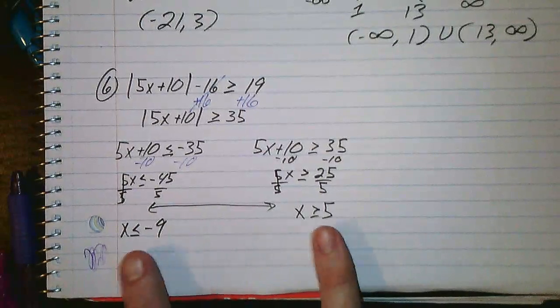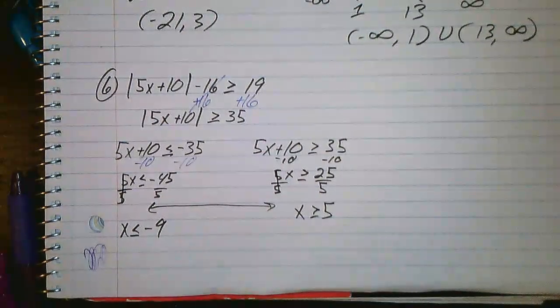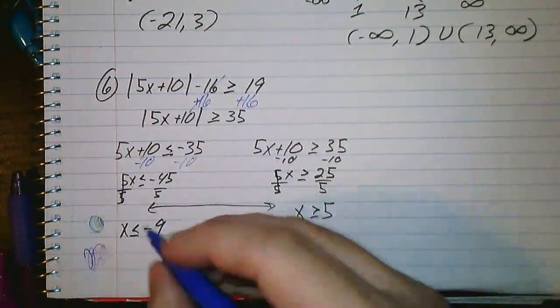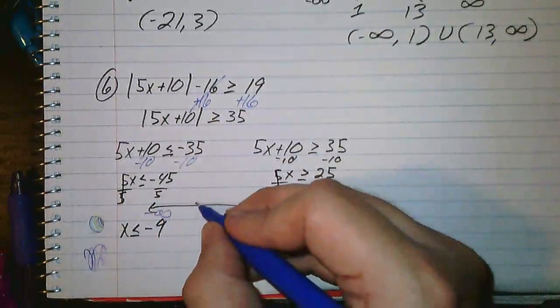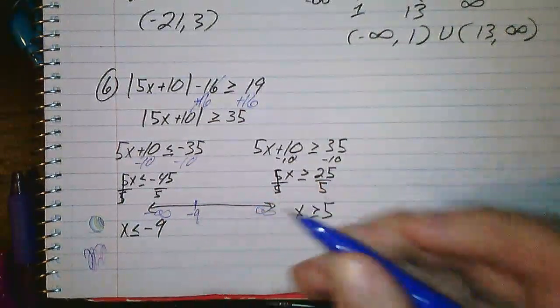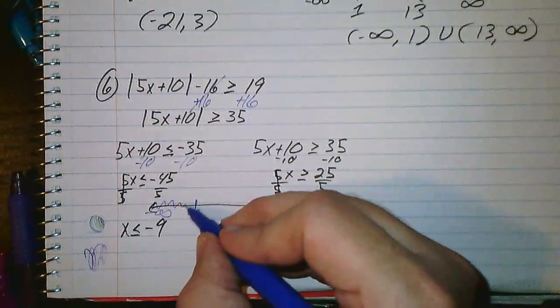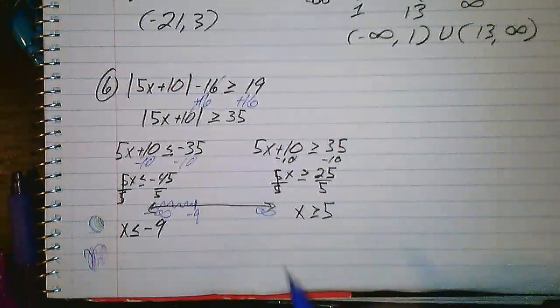So these are the 2 inequality pieces here, but we need to put it together in interval notation. If you can do that without the number line, that's okay. But we go from negative to positive infinity. First, we stop at negative 9 for our first region.